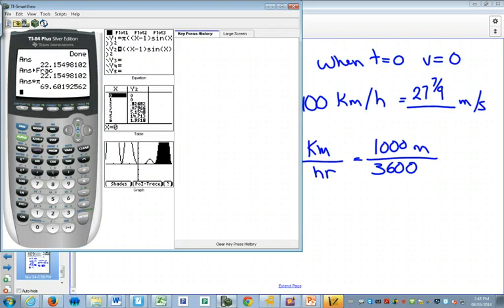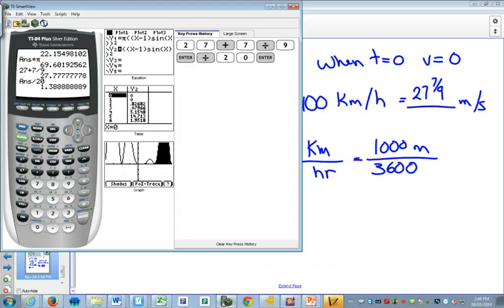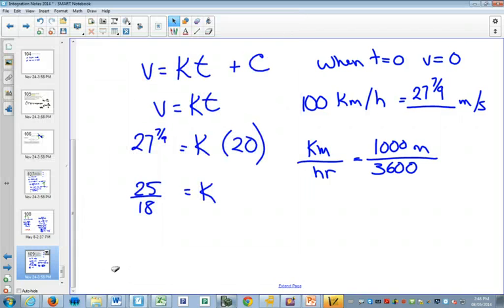So if I had 27 plus 7/9, that's 27.7 repeated. If I divide that by 20, I get 1.38 repeated. You can hit math, fraction, and you get 25 over 18. That's a pretty nice value of k.